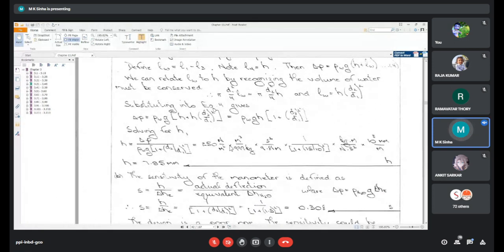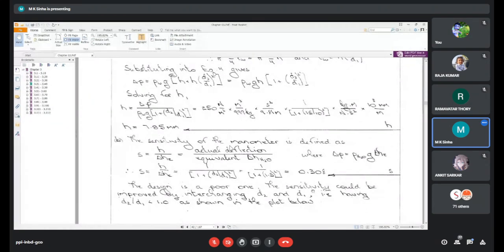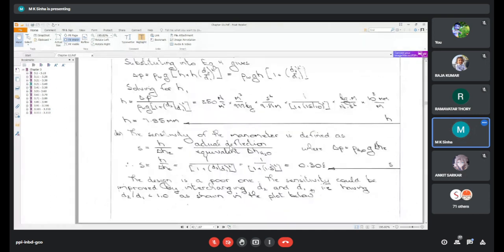Then the sensitivity of the manometer is the actual deflection over the equivalent water height, and this may be the plot.